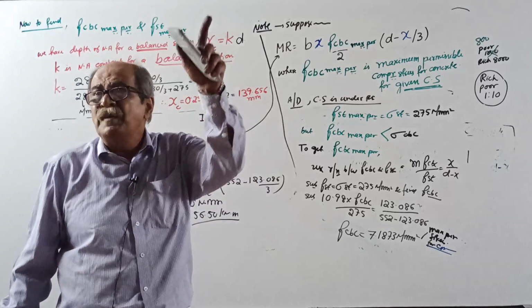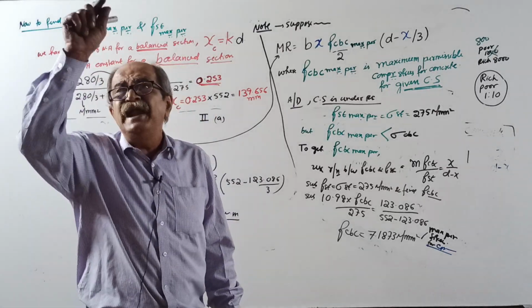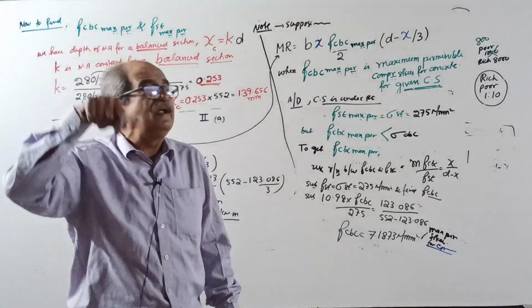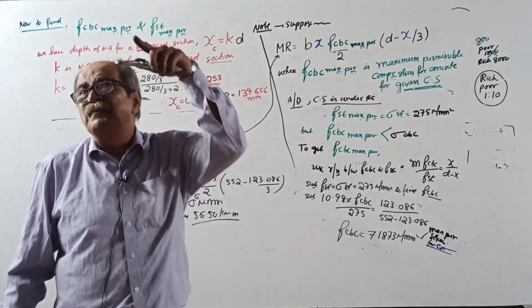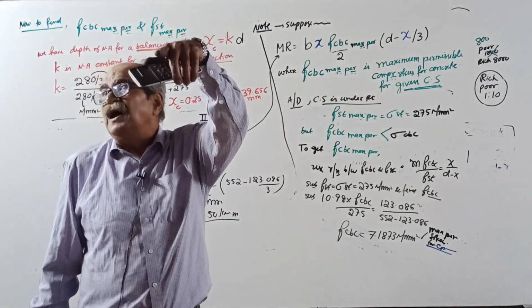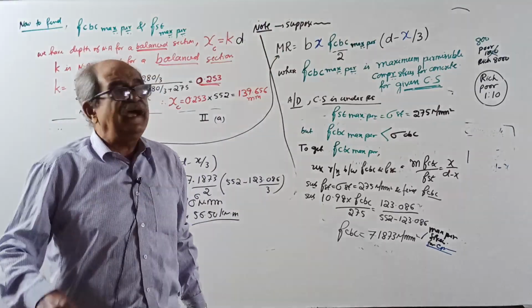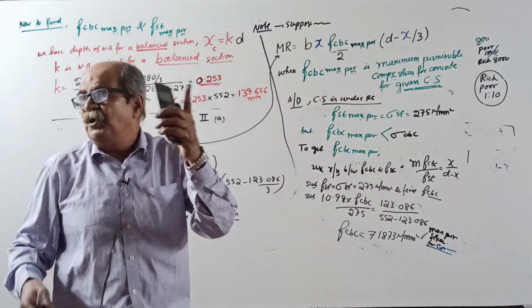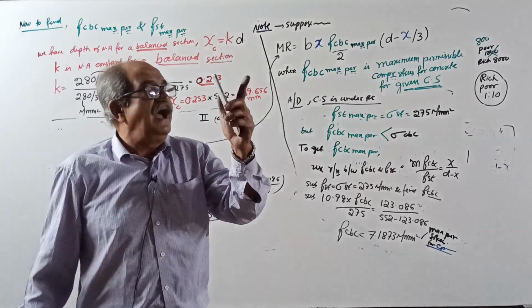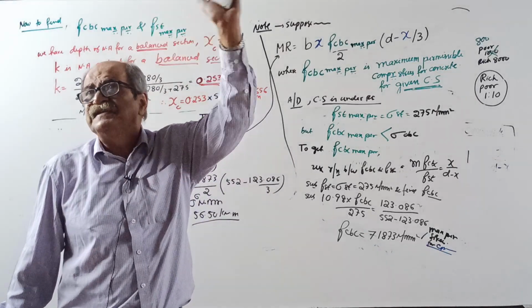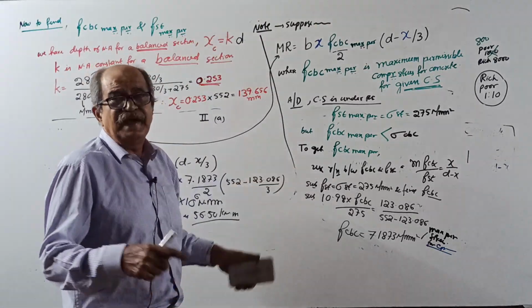One question was under reinforced section, stress in steel reached critical. In the second question, I made it over reinforced, and there stress in concrete reached critical. That I will explain in the next class.